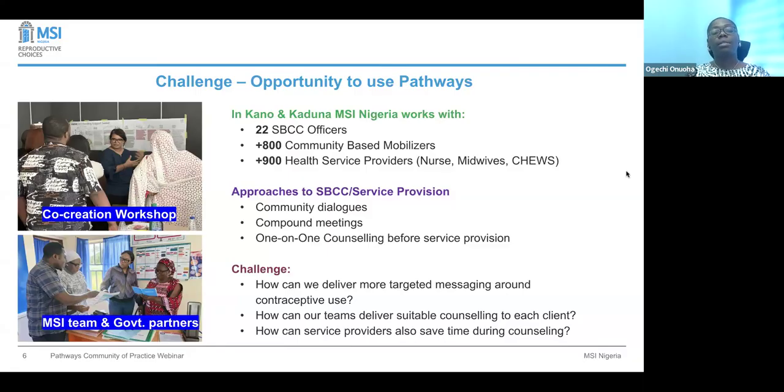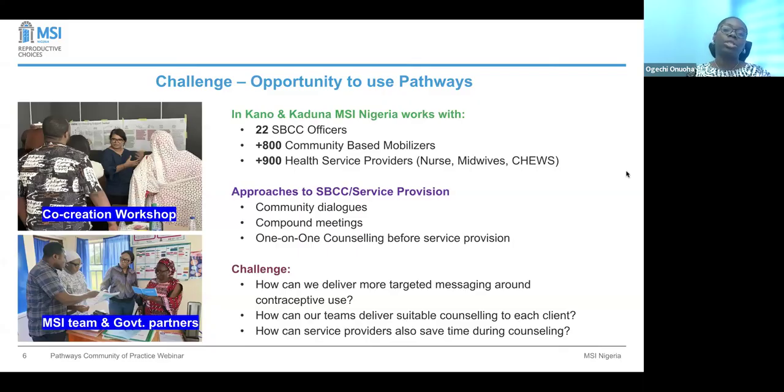rollout of the activities. Just to reiterate again, we are looking at the challenges: how do we ensure that messages are better targeted to the needs, vulnerabilities, and barriers that are limiting service uptake by the women that we are targeting to serve? And how can our teams ensure that we deliver counseling to these women, addressing their needs and saving time, which our providers do not have?